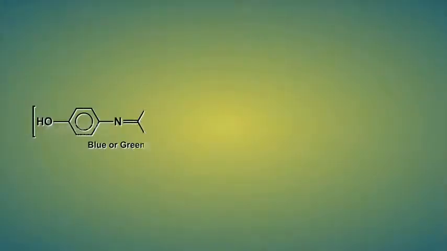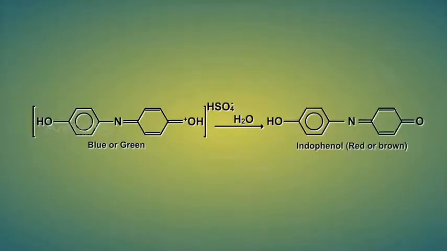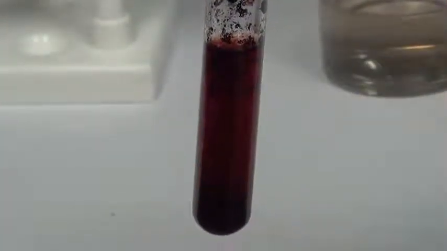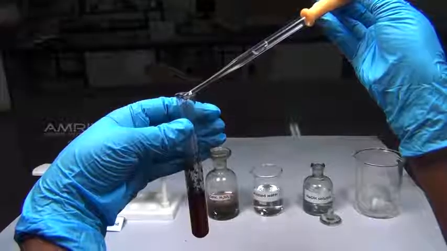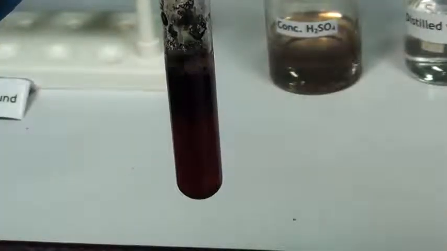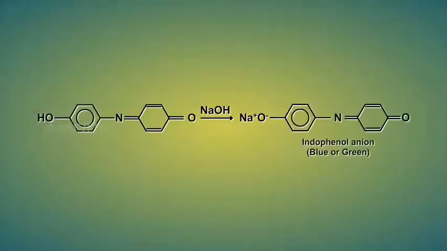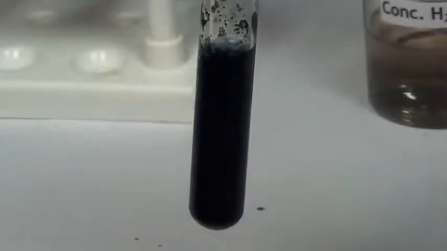The blue or green color changes to red or brown color on treatment with water due to the formation of indophenol. Using a dropper, add excess of sodium hydroxide solution to the test tube. The red color again changes to blue or green by the addition of a strong alkali due to the formation of indophenol anion.